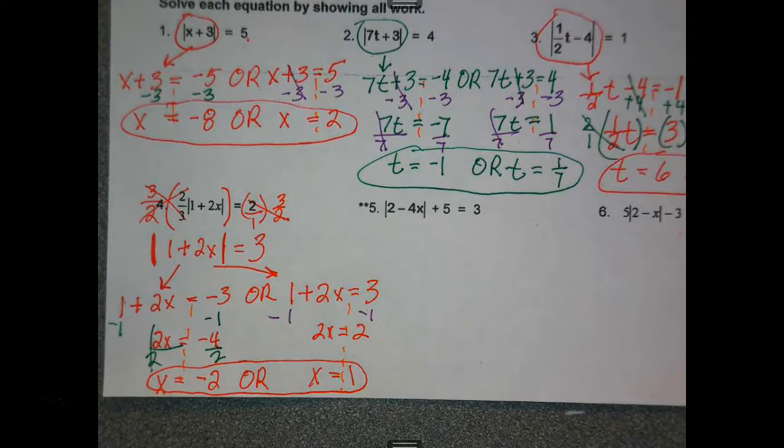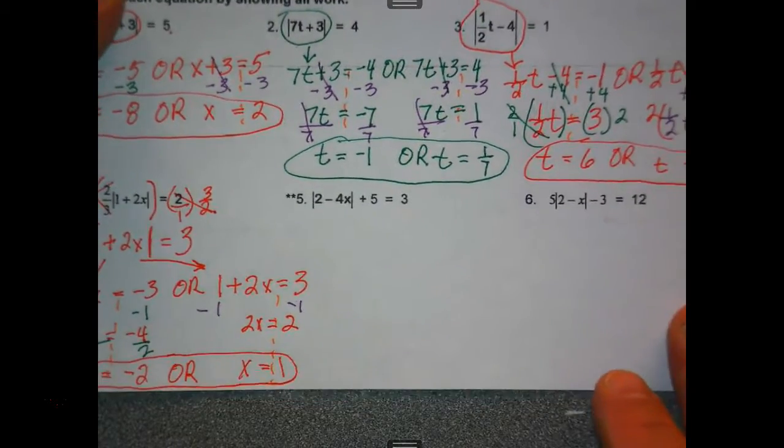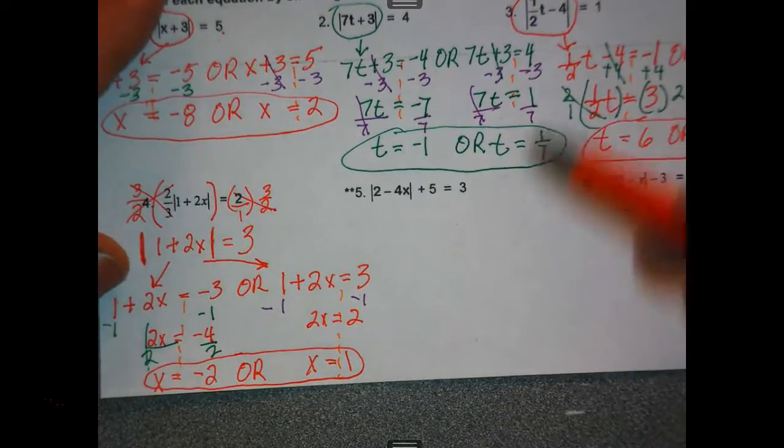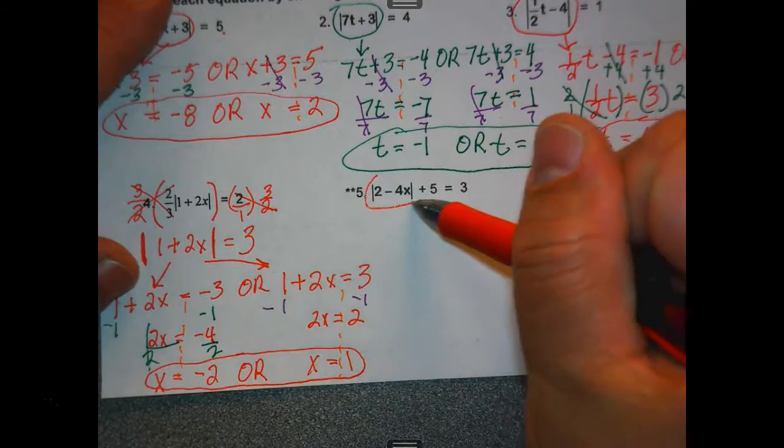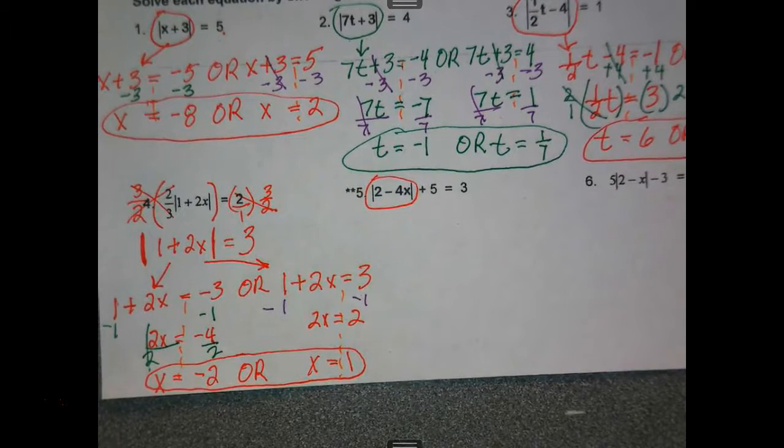Now, number 5 has some asterisks there, so you expect something to happen, right? Of course, Mr. D, otherwise I wouldn't have asterisks. Is my absolute value term by itself? Of course not.